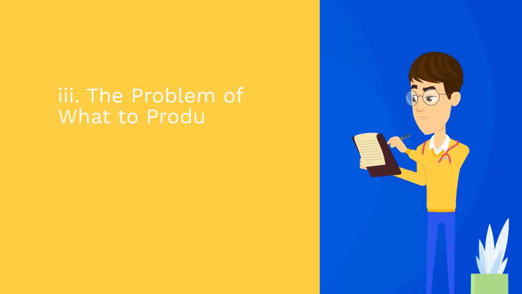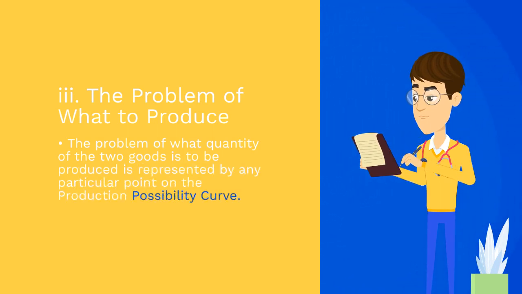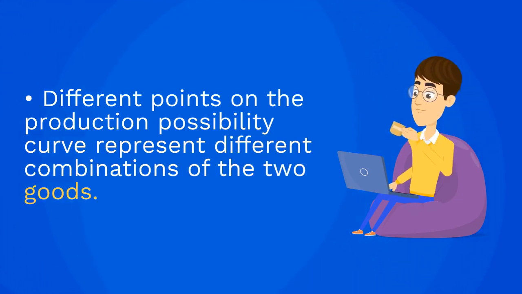3. The problem of what to produce. The problem of what quantity of the two goods is to be produced is represented by any particular point on the production possibility curve. Different points on the production possibility curve represent different combinations of the two goods.